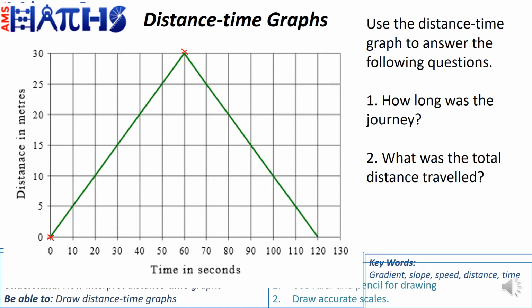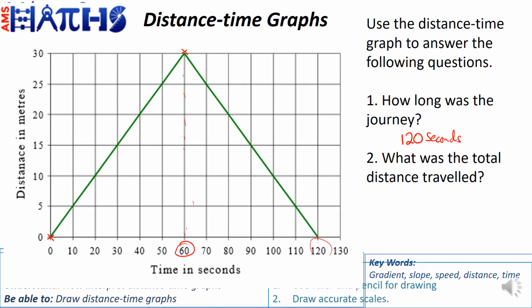How much time did it take to do that? It took us 60 seconds. But then on the second part of the journey, we returned back to our starting point, which took another 60 seconds. So it gives us a total of 120 seconds for how long the journey was.